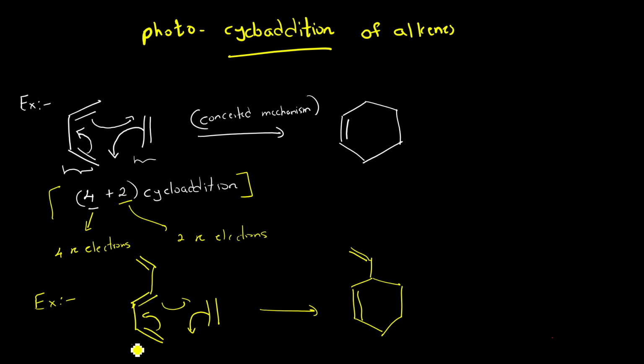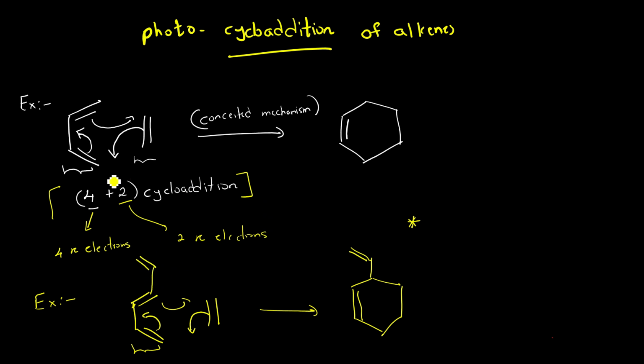If you consider this segment, one of the compounds involved in our reaction, you can see there are 3 pi bonds, 1, 2 and 3, which means there are 6 pi electrons. But the important thing is that all these 3 pi bonds, otherwise all these 6 pi electrons, are not involved in the reaction. As you can see, only 2 pi bonds are involved. This pi bond over here is not involved in the reaction.